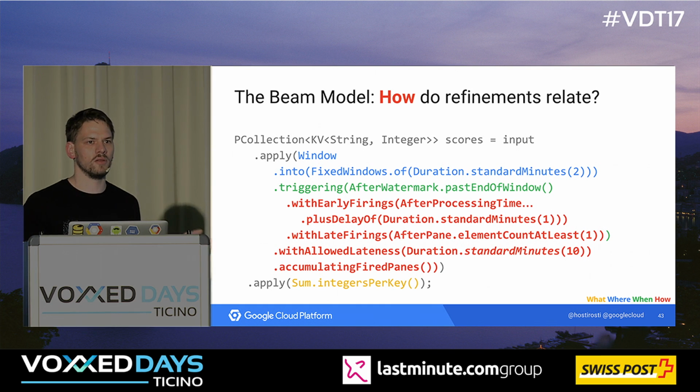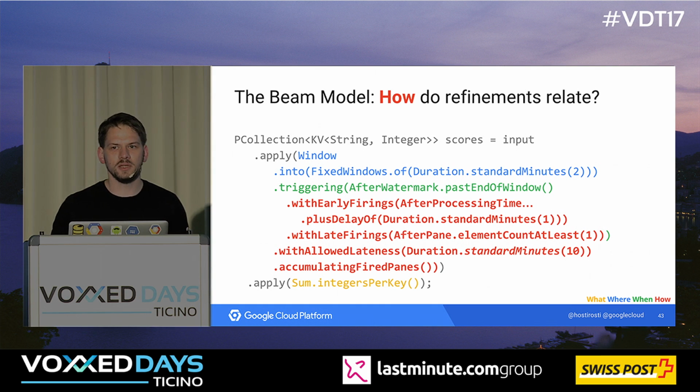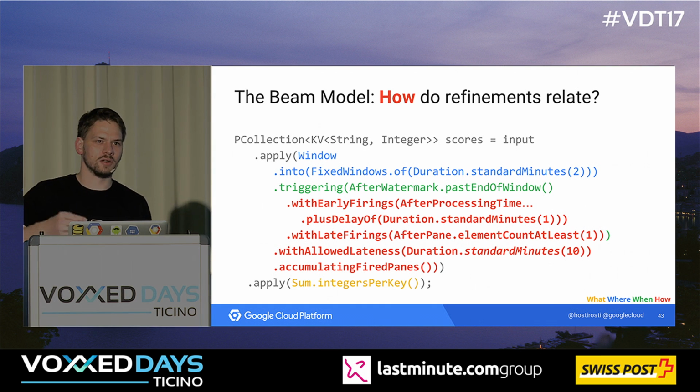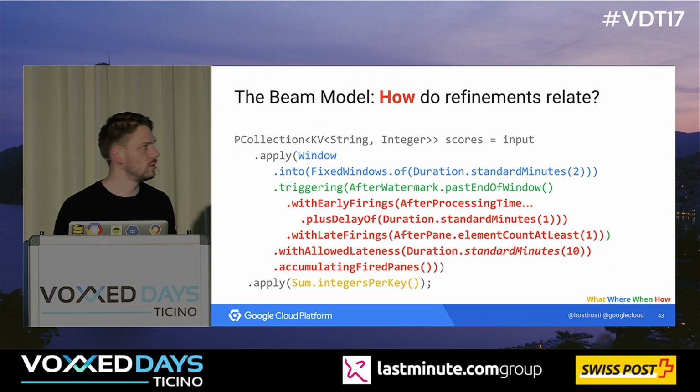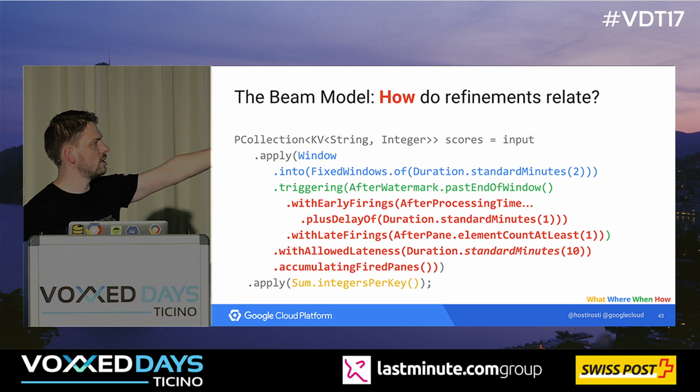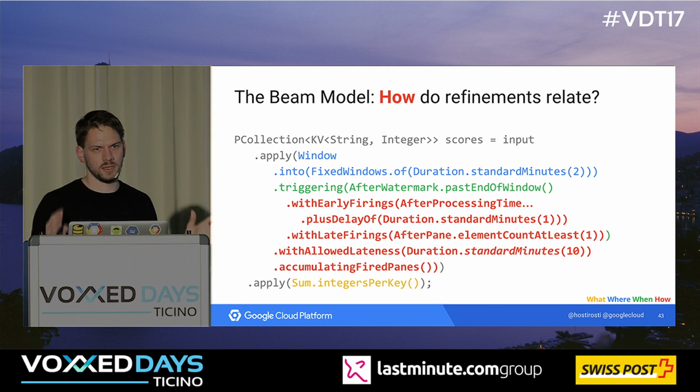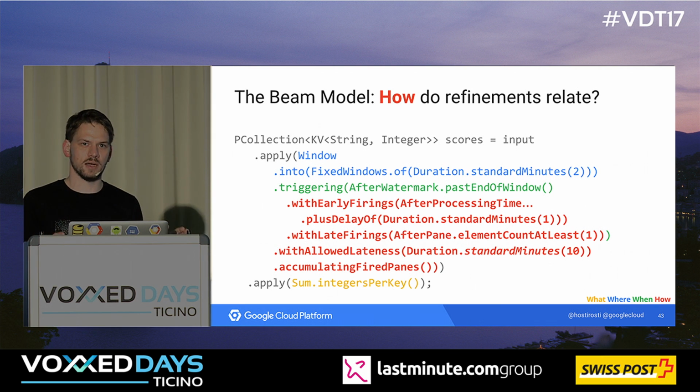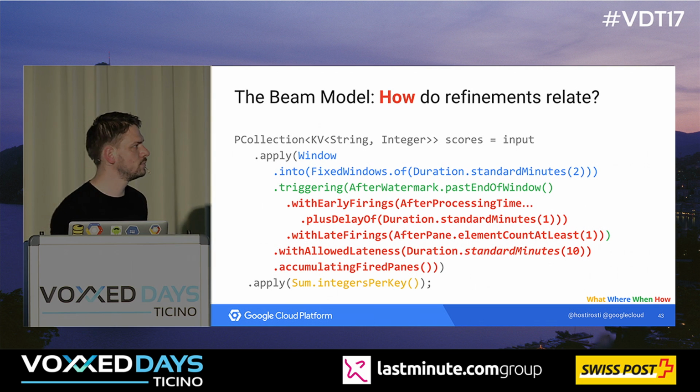If events come in after the window closes, we discard them. That is where allowed lateness comes in: I want to close the window after 10 minutes, and if any event comes in after that, I just discard it.